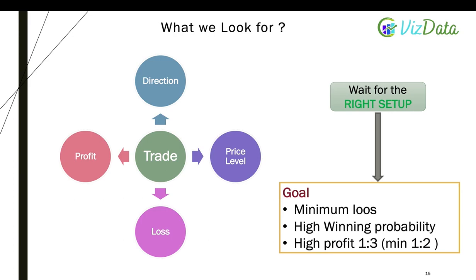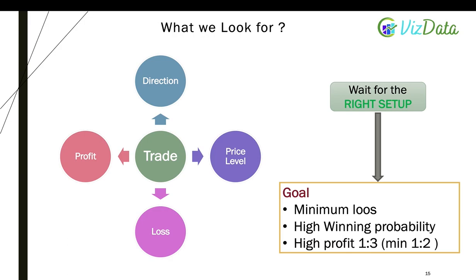You cannot get every trade. You cannot enter every trade in a given day, unless a nice setup provides us an opportunity to enter a trade. If it doesn't, we should not worry.